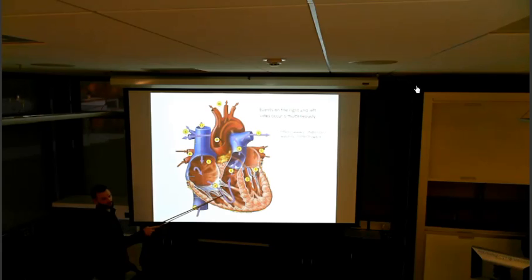Okay, Teddy, I'm going to go to you here and throw you guys some curveballs. What are these little string-like structures that are attached to the valve? They are collagen fiber-like. Sierra, what are they?